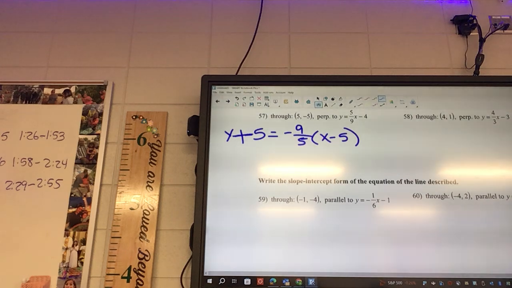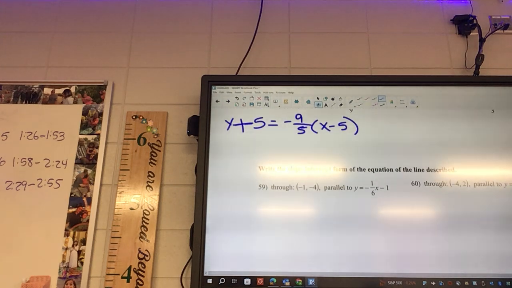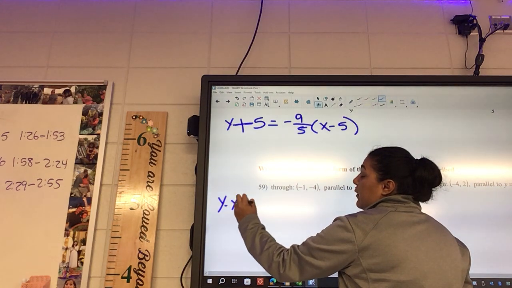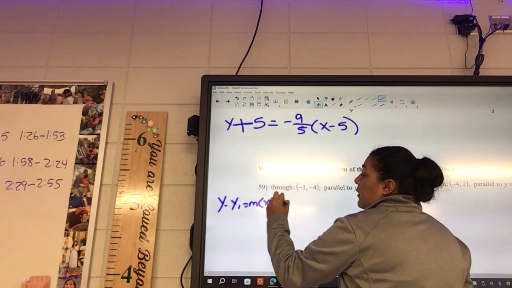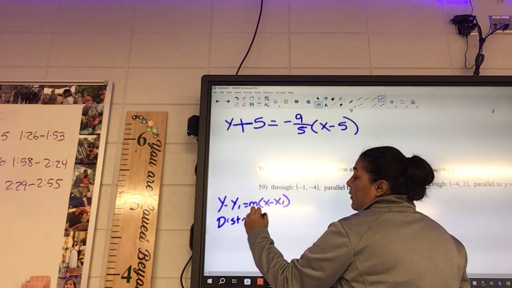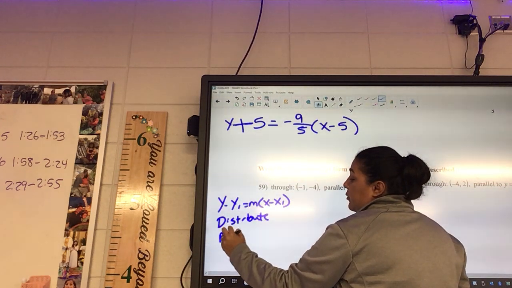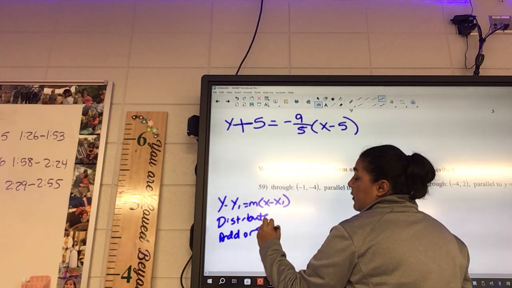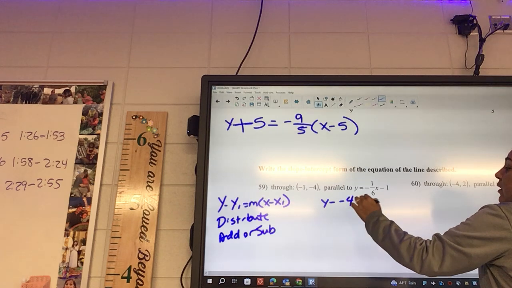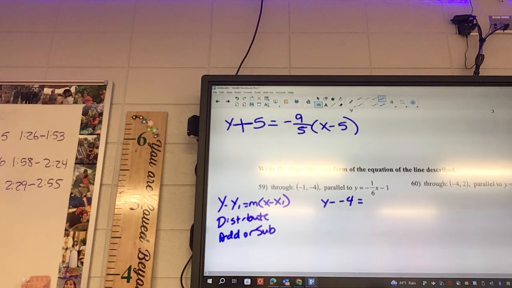Okay, 59 through 62 is gonna be to use that point slope formula. And then distribute. And then add or subtract. Okay, so it's gonna look like y minus negative 4 equals, this was when we say parallel or perp?